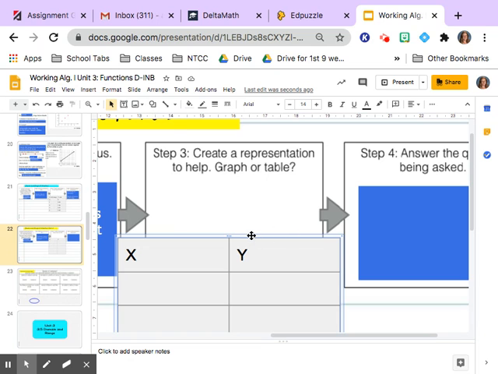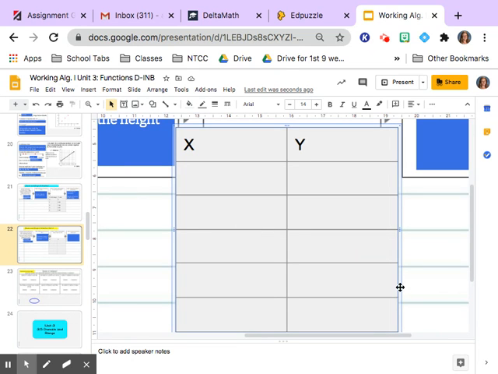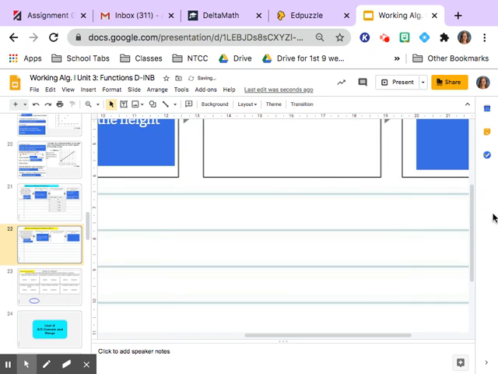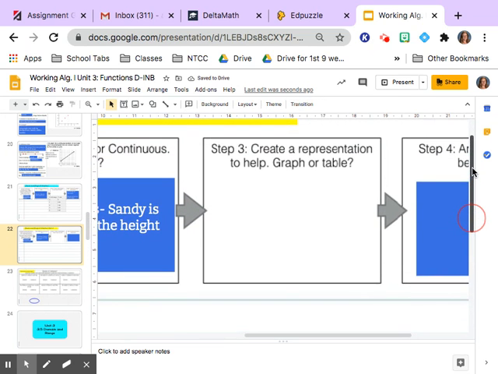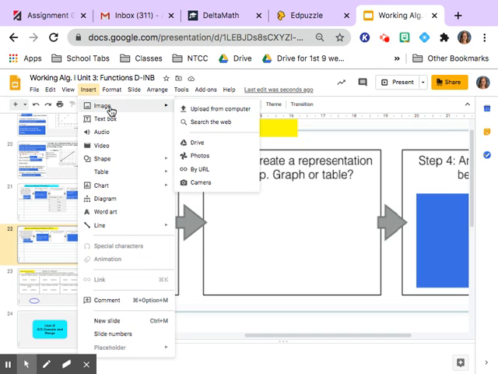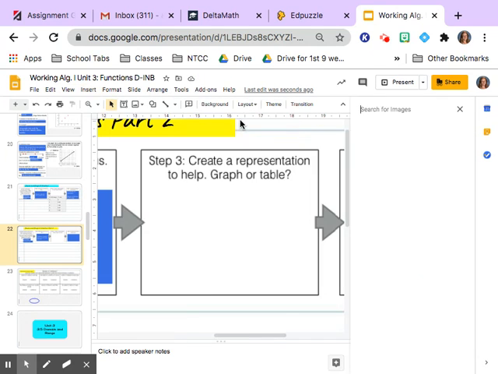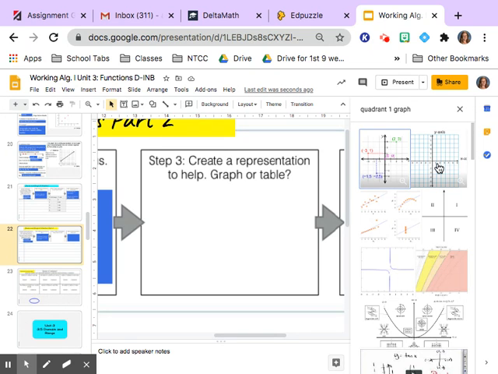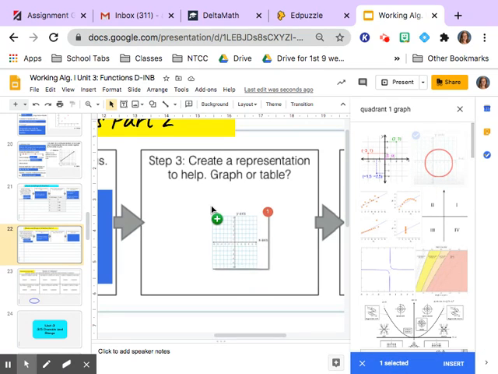So let's delete this table, and we actually need a graph. Let's go to Insert, Image, search the web. Quadrant 1 graph. Let's see if that'll work.